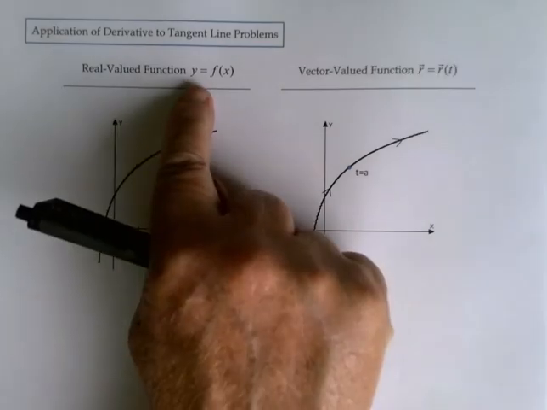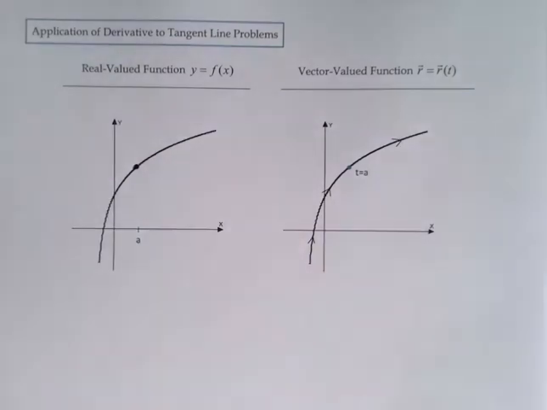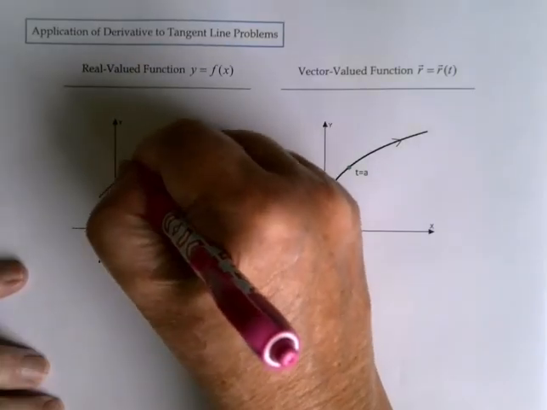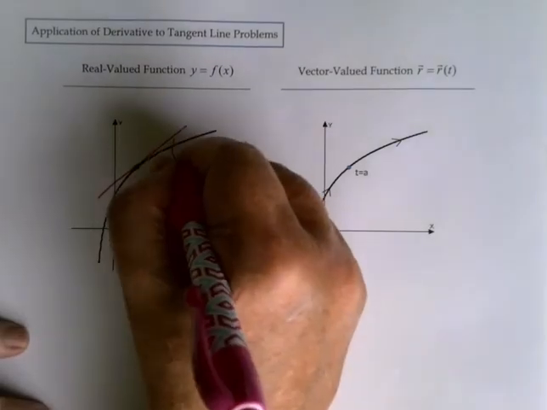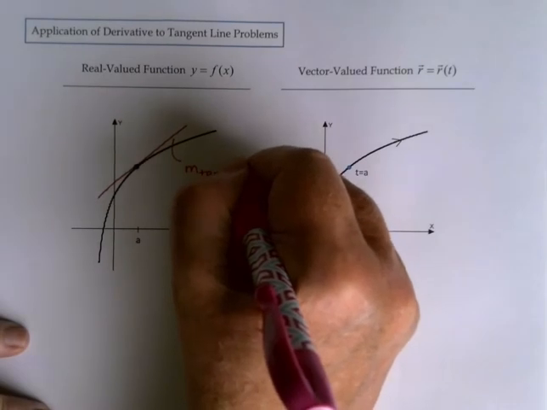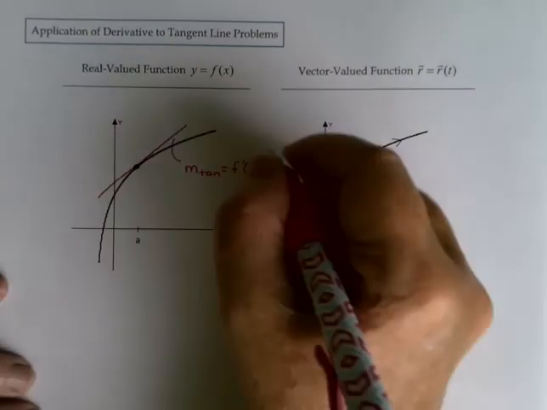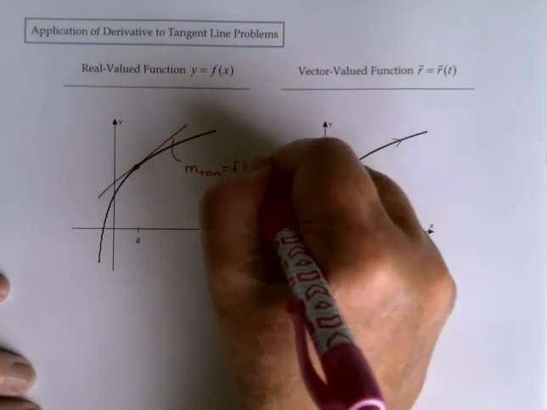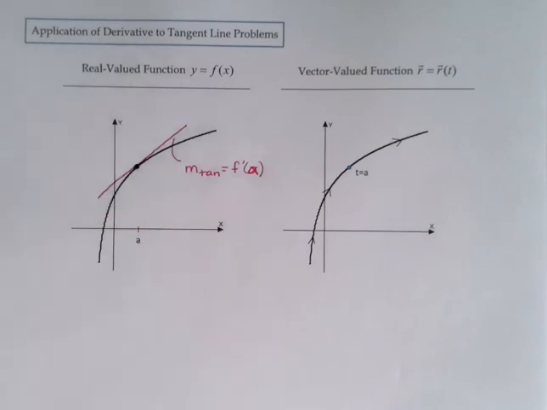So if we just had a regular real-valued function, y is equal to f of x, then at this point A, if you had a tangent line, the slope of that tangent line was just the derivative, f prime, and actually I guess I should have put an f prime of a in there. It's just f prime evaluated at whatever that particular x value is at the point of tangency.